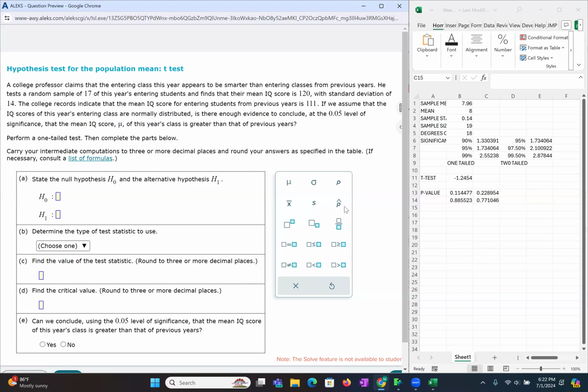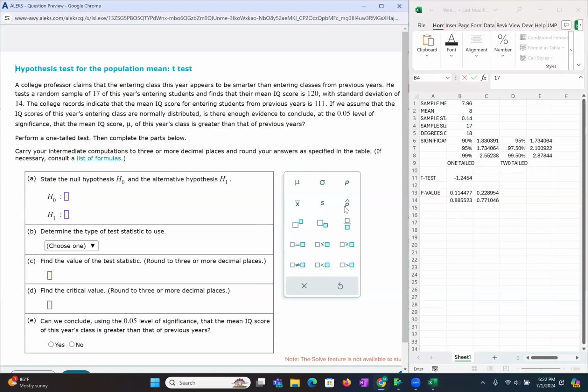So the sample size is 17, right? And the college finds that the mean IQ of entering students is 120 with a standard deviation of 14. The records indicate that the mean IQ score for entering students from previous years is 111.